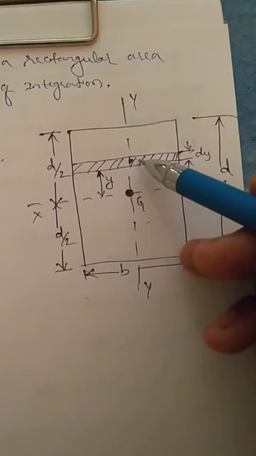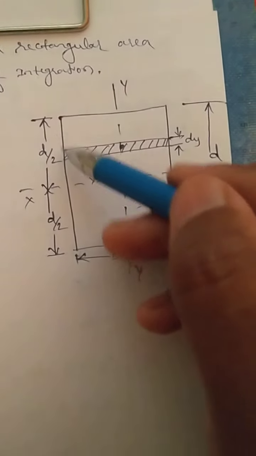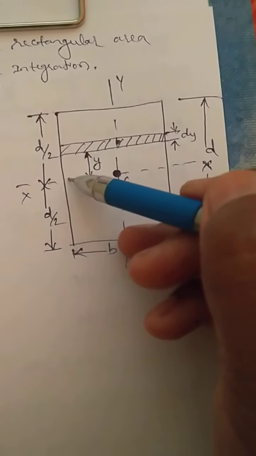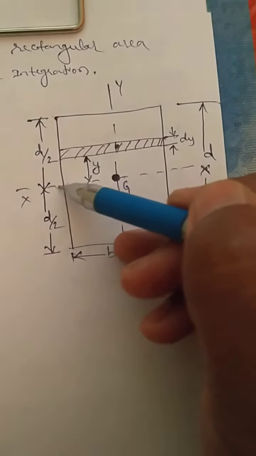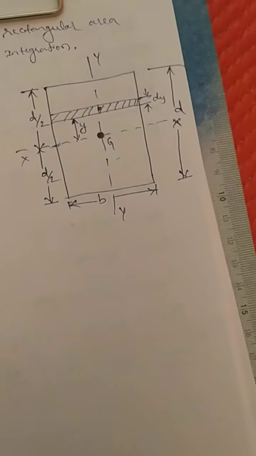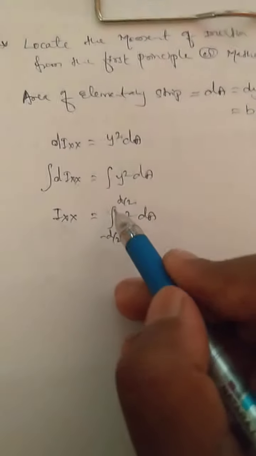Now look here. Our elementary strip varies from 0 to d by 2 and from 0 to minus d by 2. Because the central axis passes through the centroid, the elementary strip varies above and below: upward plus d by 2 and downward minus d by 2.